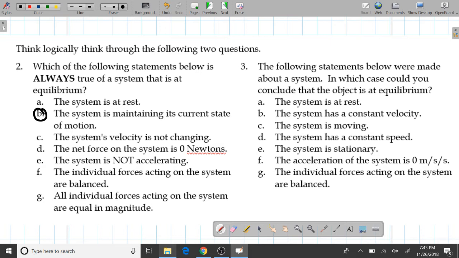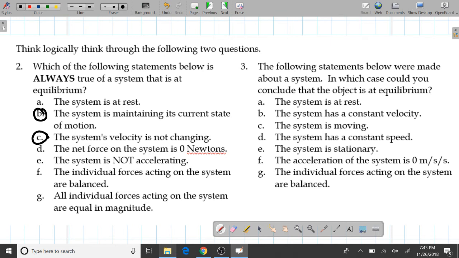It is always true that the system is maintaining its current state of motion, because if it's not accelerating, it could either be at rest or it could be moving at a constant velocity. So the system's velocity is not changing. This is always true for a system that is in static equilibrium.